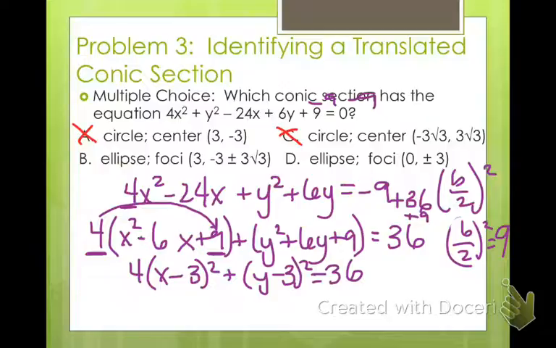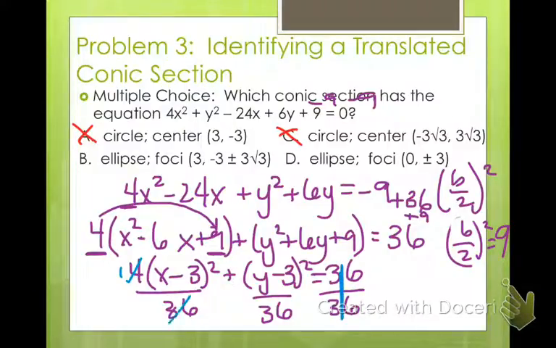Now to put it in standard form, we have to have it equal 1. So I'm going to divide everything by 36. So that makes this become a 1 here. And then I'm going to reduce this. This becomes a 1. And this one becomes a 9. So I have (x minus 3) squared over 9 plus (y plus 3) squared over 36 equals 1.